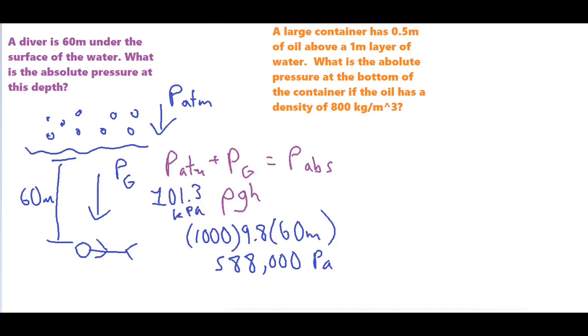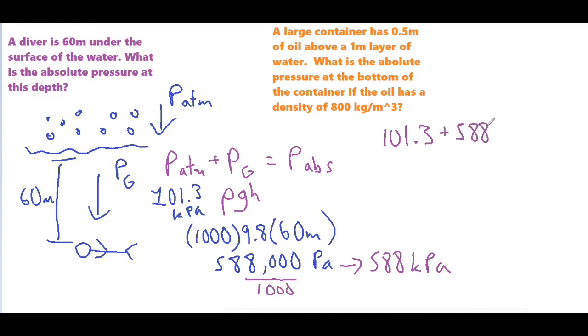So what we want to do is an additional step here and divide this by 1,000 and convert it to 588 kilopascals, so they're in the same unit. Now we have a pretty simple problem. All we need to do is take the 101.3 kilopascals plus the 588 kilopascals, and that's going to give us our absolute pressure.